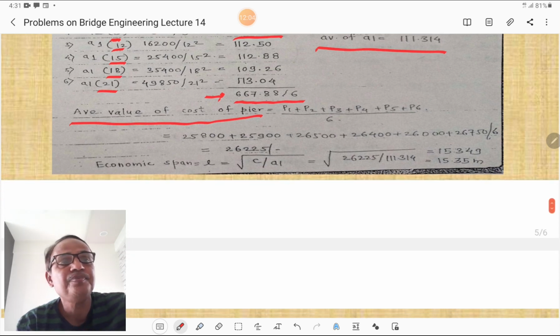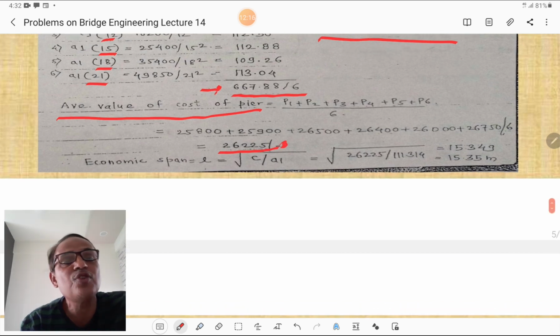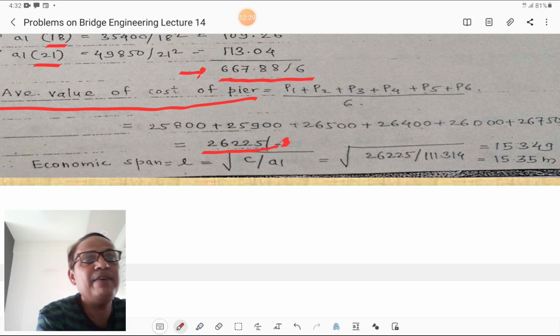Then this cost of P1 is calculated by the above formula, and the value is 26225 here. In this case the value is 26225. Okay, then what is the economic span? We derived it early in our lectures. That is small l, equal to under root of Cp divided by A1, or under root of C divided by A1.